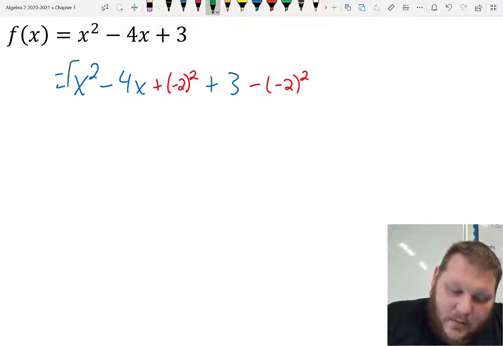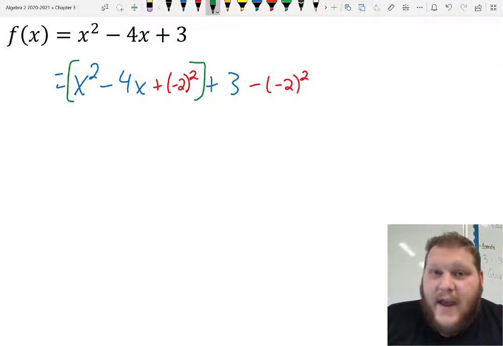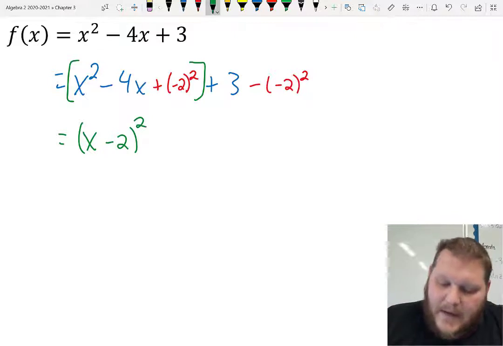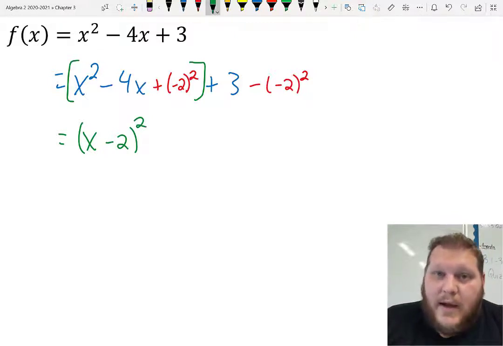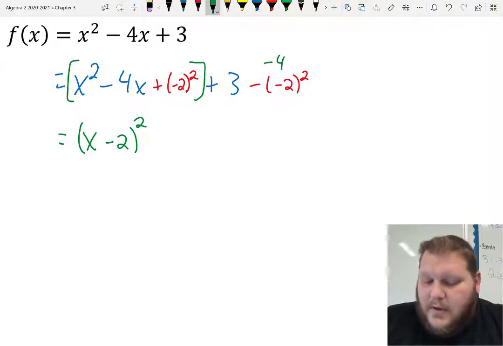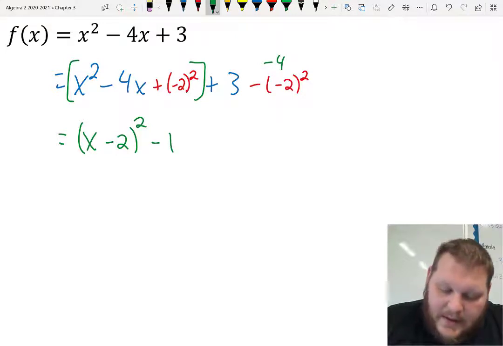Because now what I'm putting in this set of green brackets, that is what factors. This would be x minus 2 parentheses squared. And now all the stuff that's outside of my green bracket can just be collected together since they're like terms. So this is minus 4, right? -2 squared is 4, so 3 minus 4 would be -1.